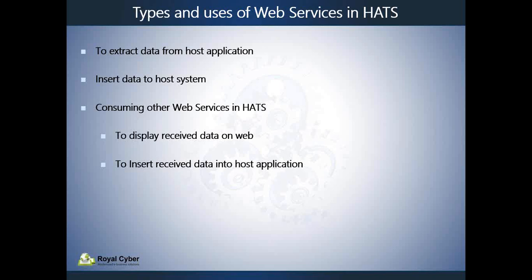And number three, consuming a web service from a HATS application is possible, and by consuming it, we can display received data or information on the web, or we can insert that received data into the host application. So let's move to some detail on each of these application scenarios of web services.